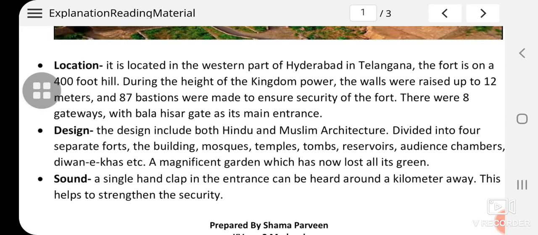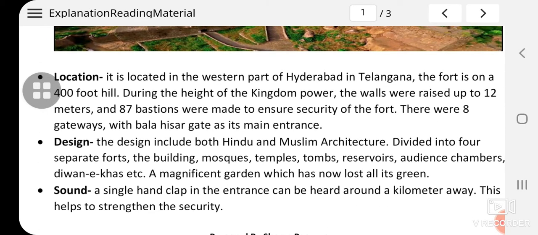Then coming to the design. The design includes both Hindu and Muslim architecture, divided into 4 separate forts: the building, mosque, temples, tombs, reservoirs, audience chambers, diwan-e-khas, etc. So these are the different parts of the fort. Here you can see it is so interesting to see that there were mosque and temples both.